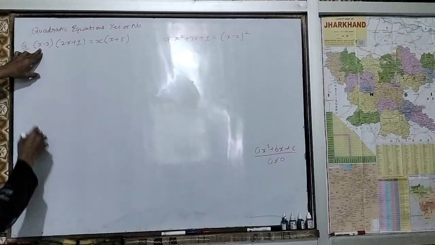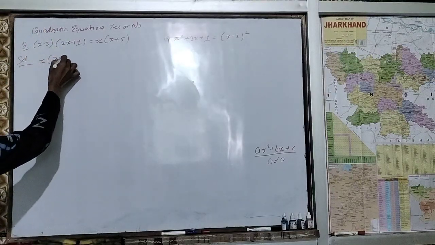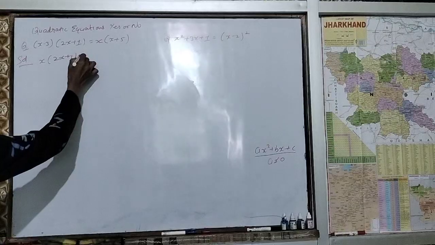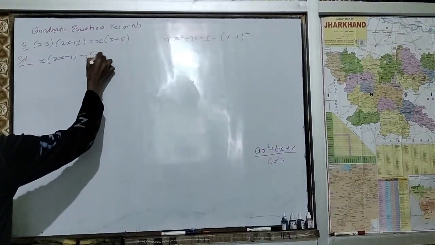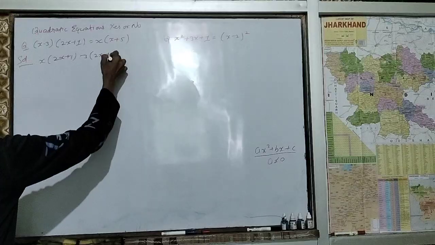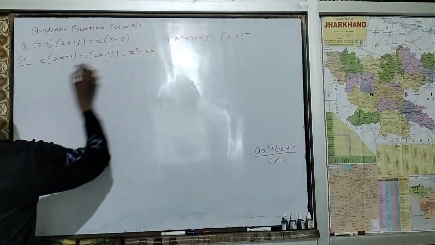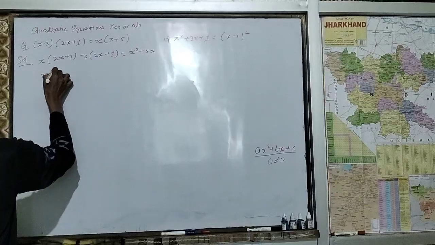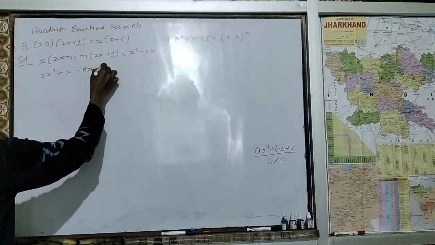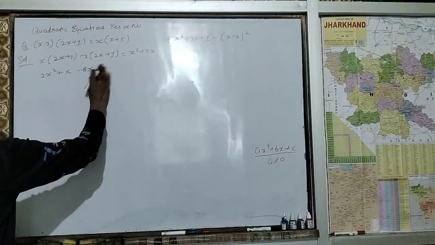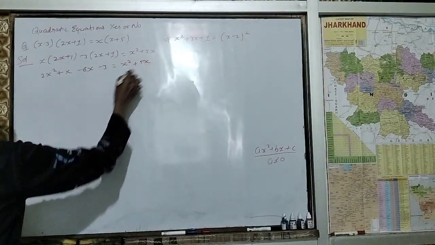We will multiply this first term by this bracket, x times 2x plus 1, then minus 3 times 2x plus 1. Here it is becoming 2x square plus x, then minus 6x, minus 3. x square plus 5x.